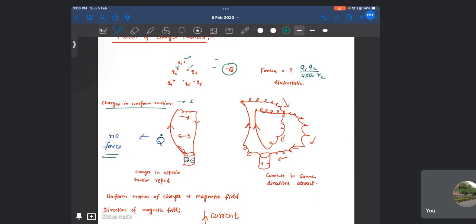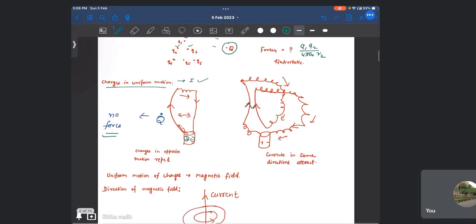And if you place another wire which carries current in the opposite or the same direction, then these two experience a force of attraction or repulsion among them. This leads to the concept of magnetic forces, which arise due to the magnetic field generated by the moving charges.